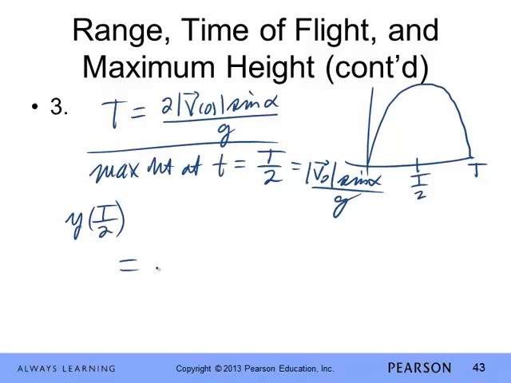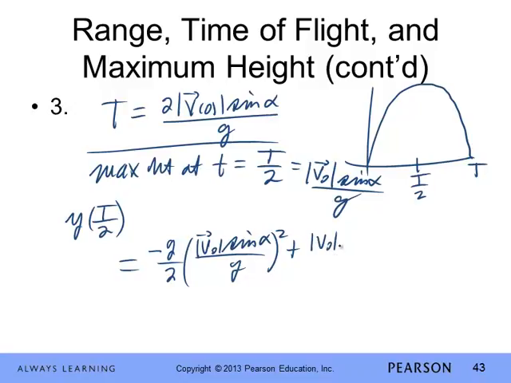So y of T over 2, remember, is negative g over 2 times t squared, where t squared is initial speed times sine of alpha over g, quantity squared, plus initial speed times sine of alpha times t, again initial speed times sine of alpha over g.